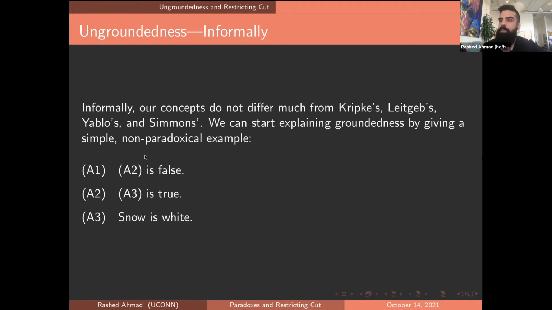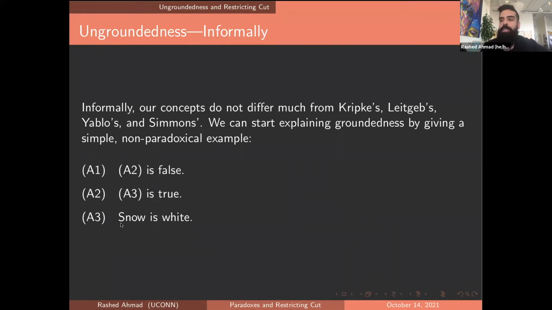So for example, this is a small example of grounded sentences. A1 says A2 is false. A2 says A3 is true. And A3 says snow is white. To determine the truth value of A1, we have to determine the truth value of A2. To determine the truth value of A2, we have to determine the truth value of A3.